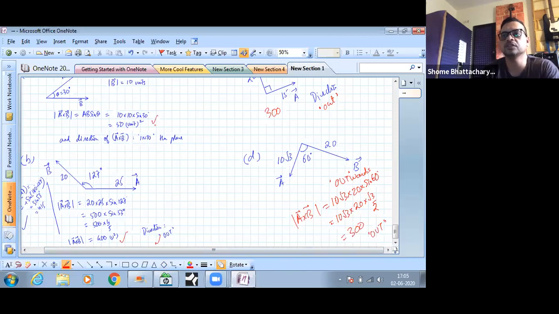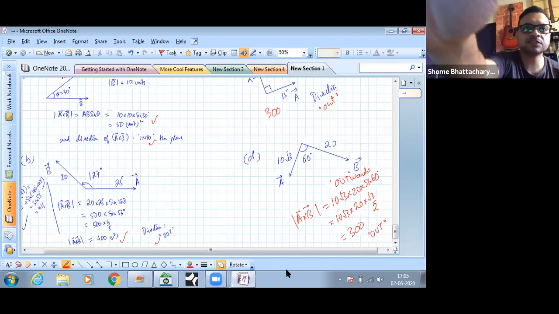And this was 50 and into the plane. Hey, the last one is also outside only, better. Last one is quite awkward. Okay, how you are placing it.